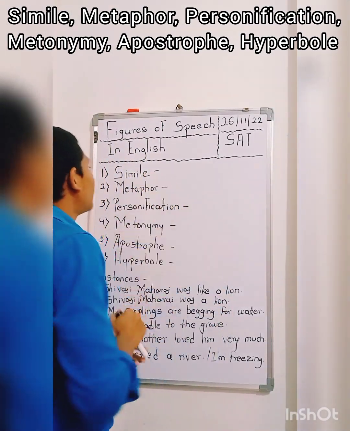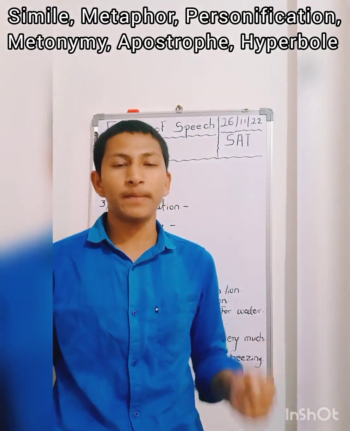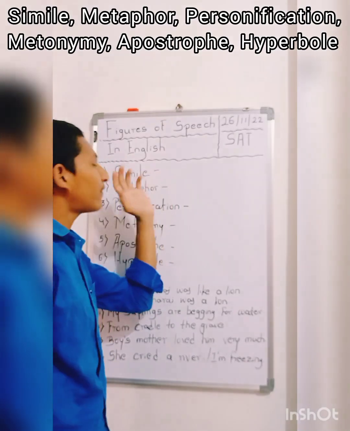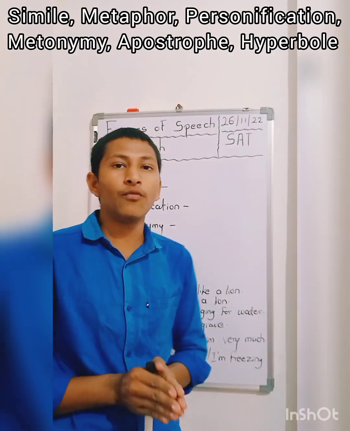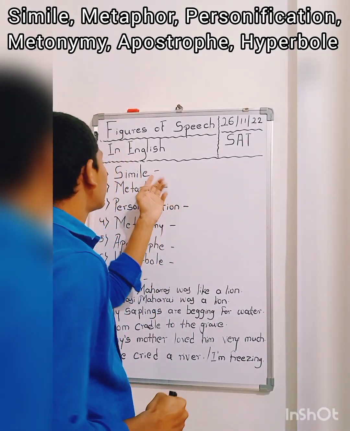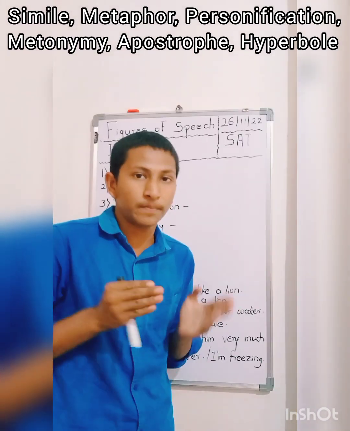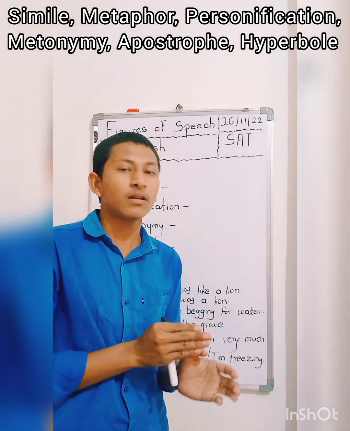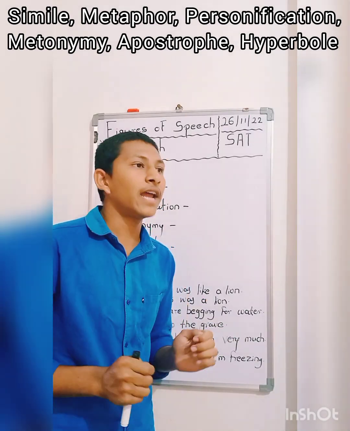First one is simile. Simile is also a figure of speech in the English language, and it is very famous and well known, playing a very vital role in English. All are important, but some among them are very precious and well known.